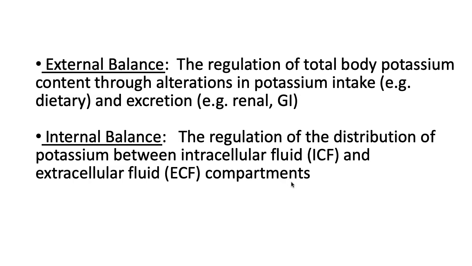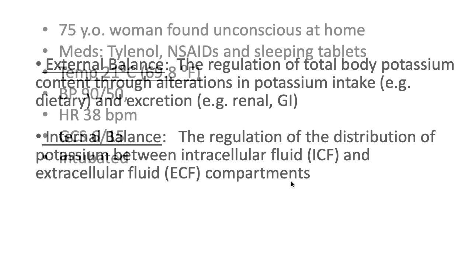And then there's this concept of internal balance, which is where we can regulate the distribution of potassium between inside of cells and outside of cells. Because I just showed you that it's important in terms of the quantities in and out of cells. Our body can move it back and forth to help regulate extracellular potassium concentrations, because it's important for excitable cells, okay?